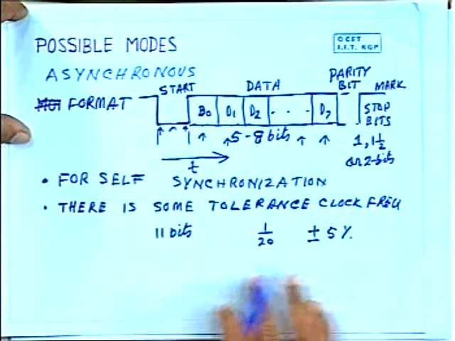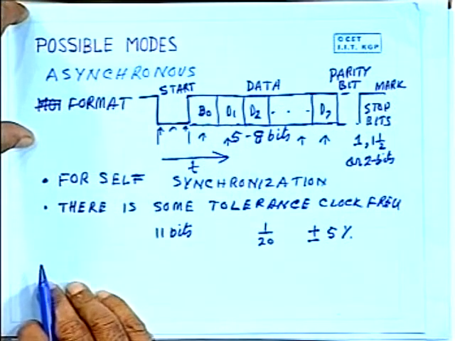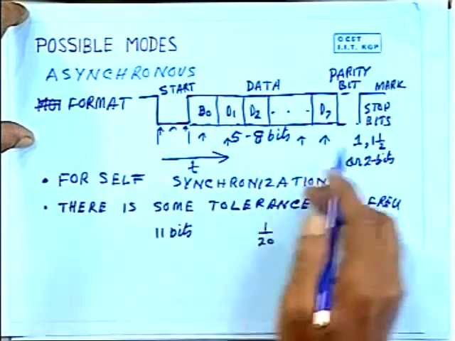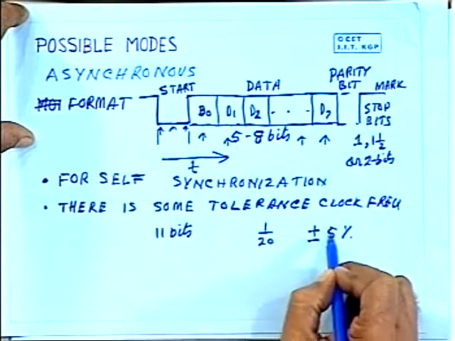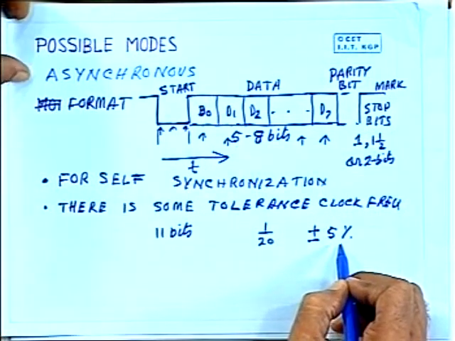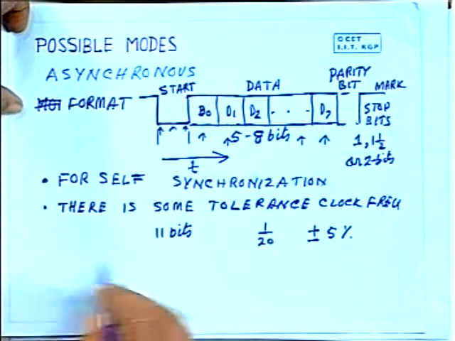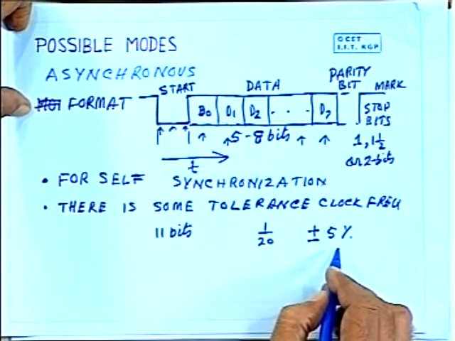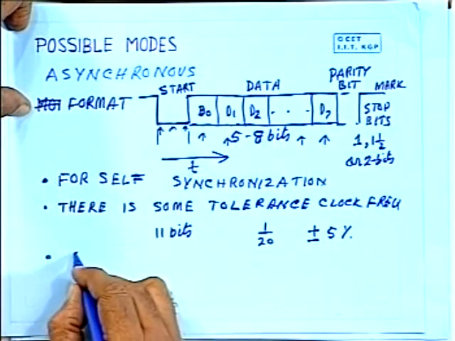Even then there will be correct data transfer. So, there is no need to send the clock to the receiving side, and even with 5% difference in clock frequency, the data transfer is possible. However, it has got some overhead.